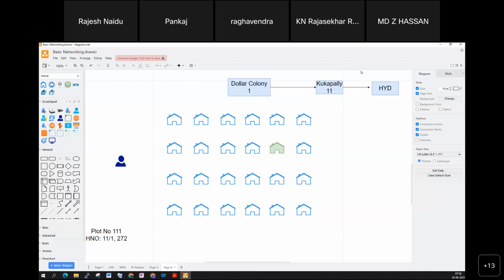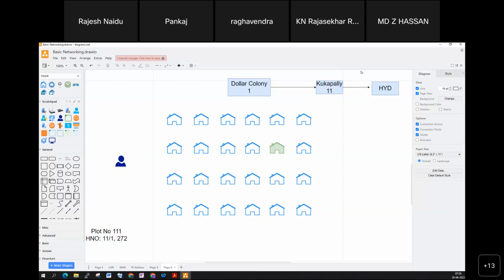Hassan, I'm not actually a GHMC person. I don't know whatever it is. I'm just taking an example, converting it to feed you in an understandable way. Really, I don't know whether the house number was created in this way. I just created my own story and I'm explaining it to you.